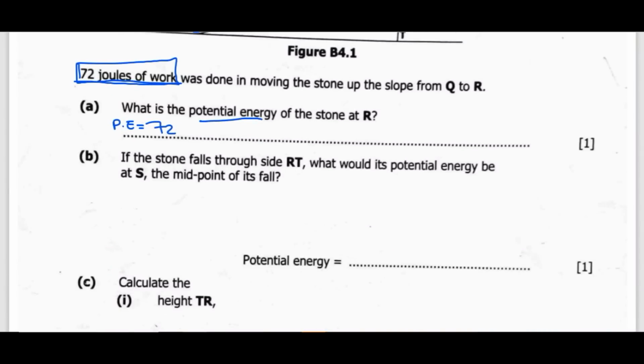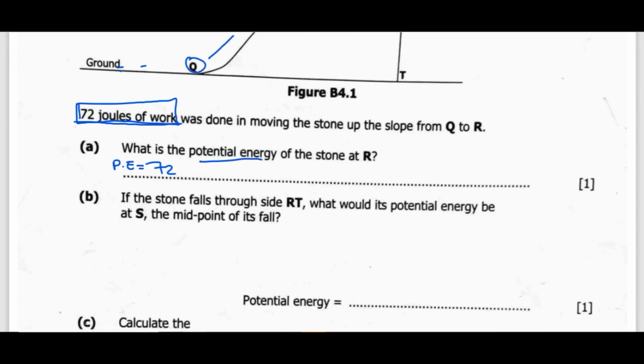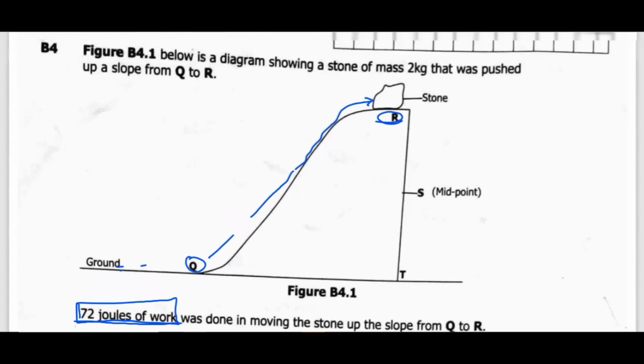If the stone falls through side RT, what would its potential energy be at S, the midpoint of its fall? So we are looking at side RT, and this is the midpoint.